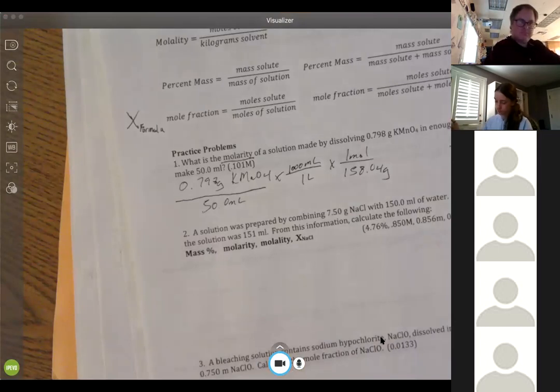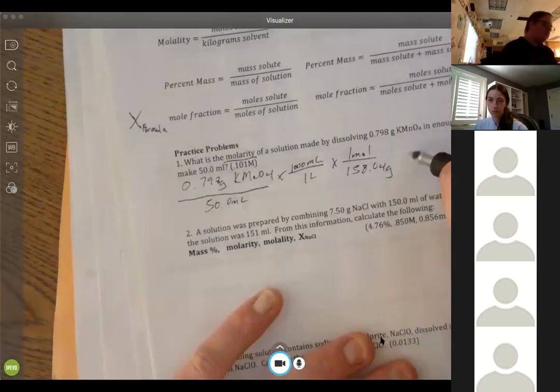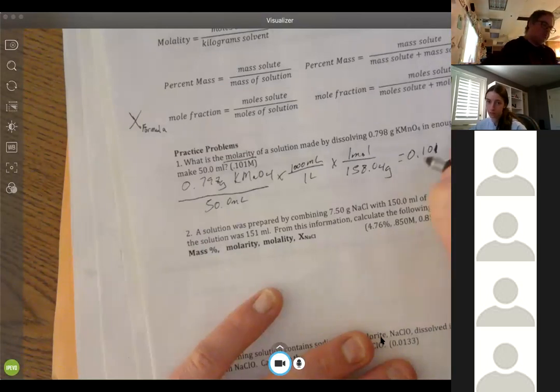It's about 0.336. That's not right. 0.798 divided by 50 times 1,000 divided by 158.04. The answer is about 0.1009. So that's going to round up to 0.101 moles per liter.